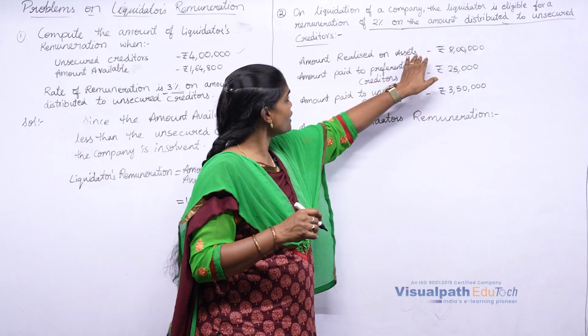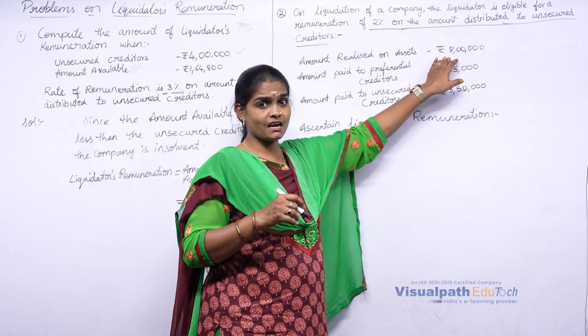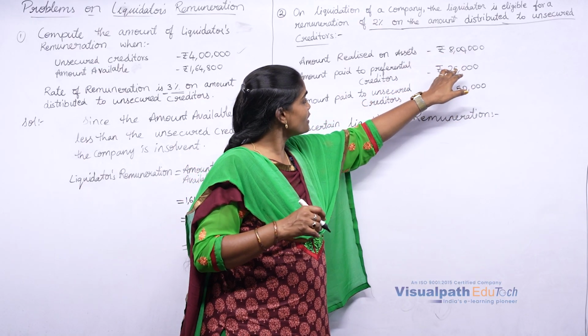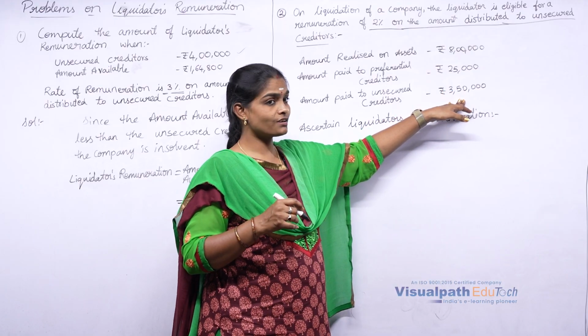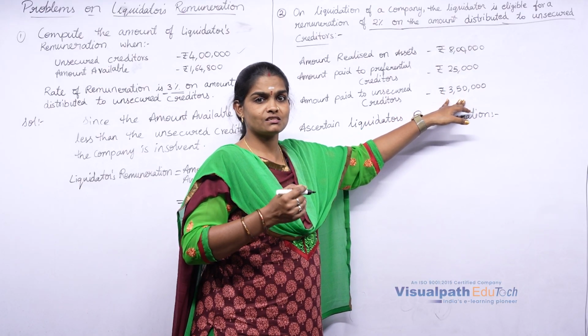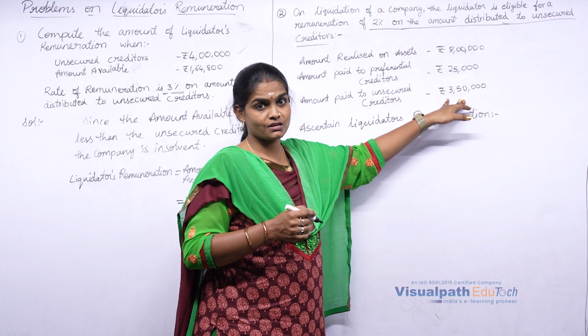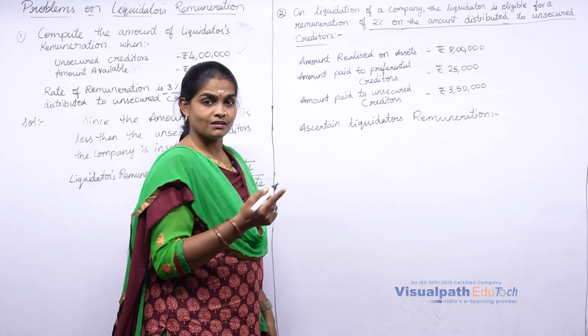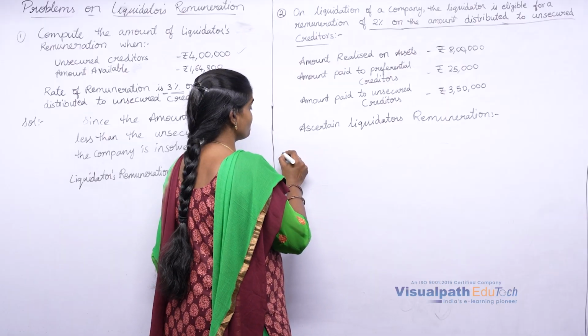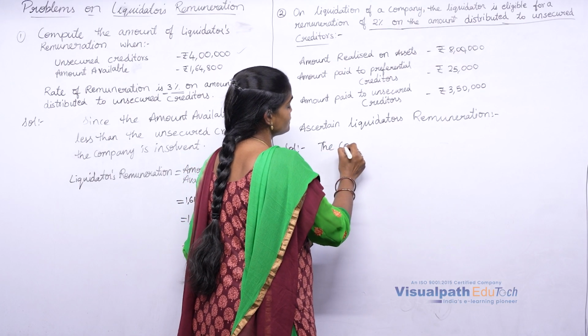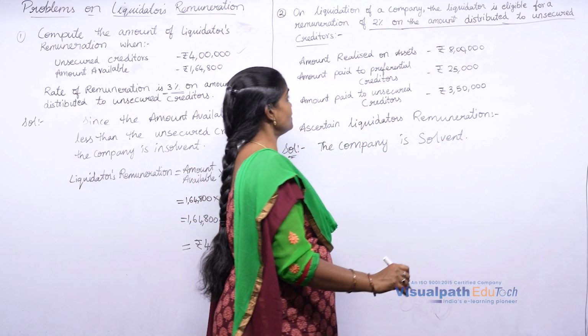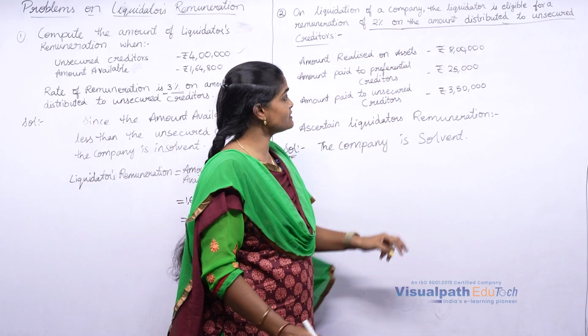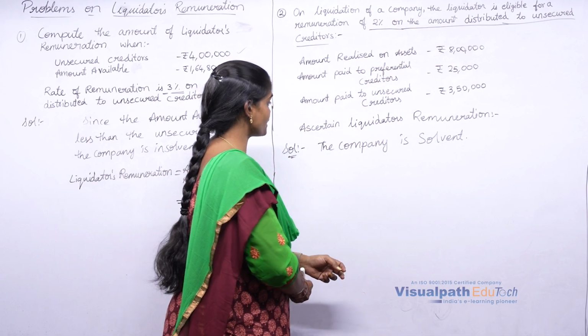So here the amount available with us is 8 lakhs. Even if we pay the preferential creditors and unsecured creditors also, the company will still have funds to pay remuneration. So the company is solvent to pay the creditors, right? Therefore, the company is solvent, as the amount realized from assets is more than the unsecured creditors.